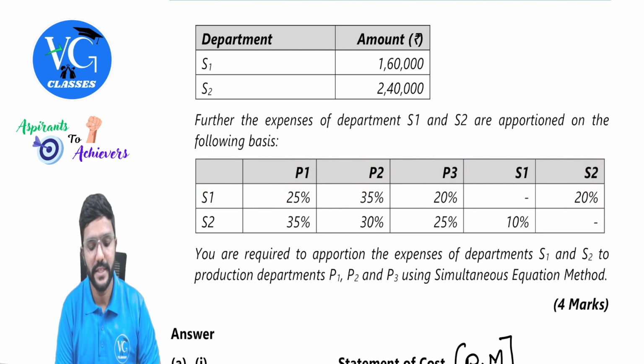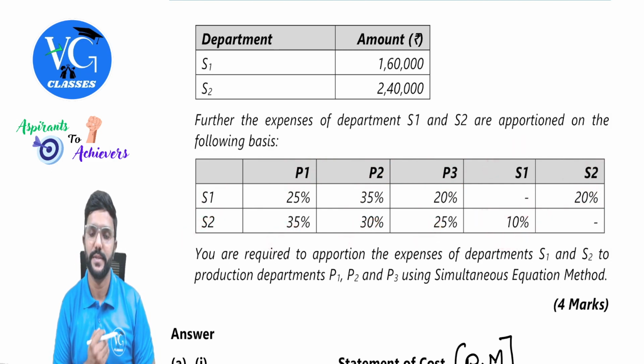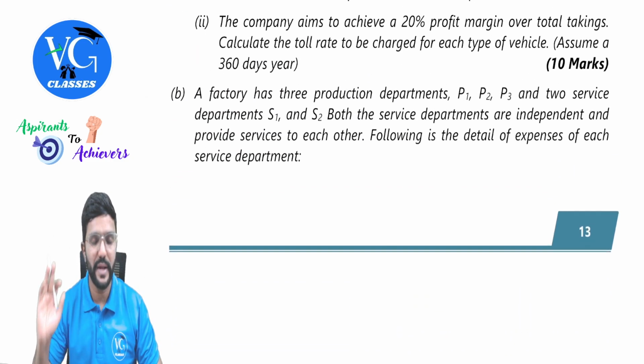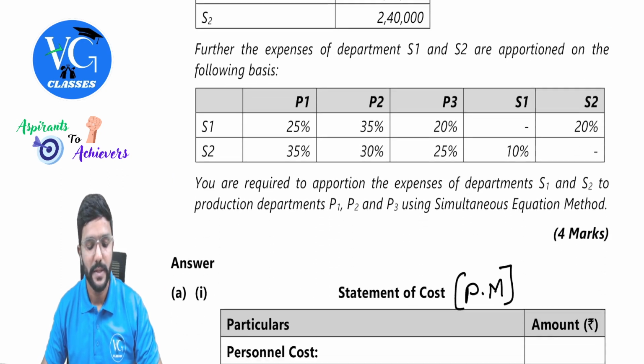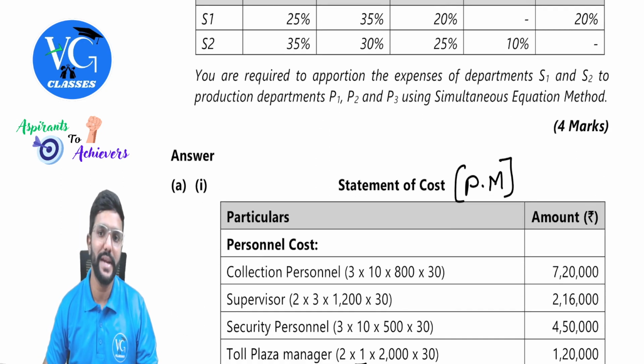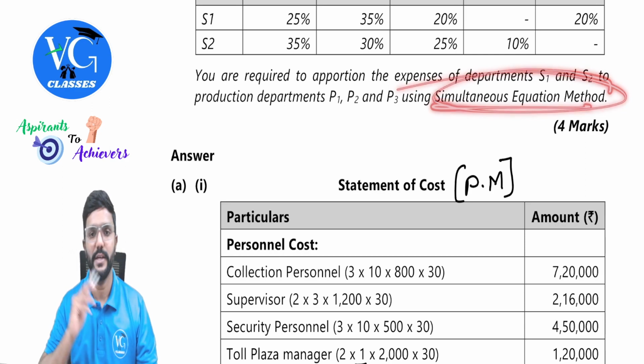Then S2 is giving 35, 30, 25 and 10% to S1, guys. Okay. And production department costs are not at all given as per primary distribution. You are required to apportion the expenses of departments S1 and S2 to production departments P1, P2 and P3 using the simultaneous equation method.